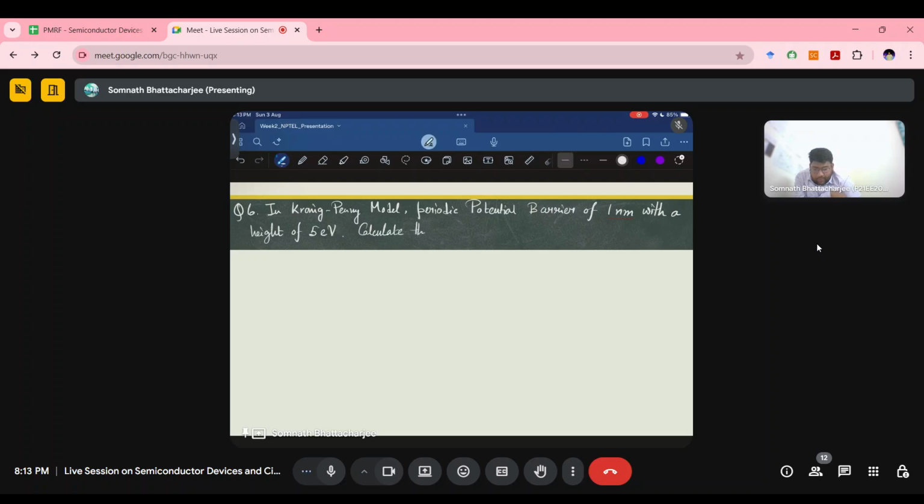Calculate the forbidden energy gap. Try to solve this.